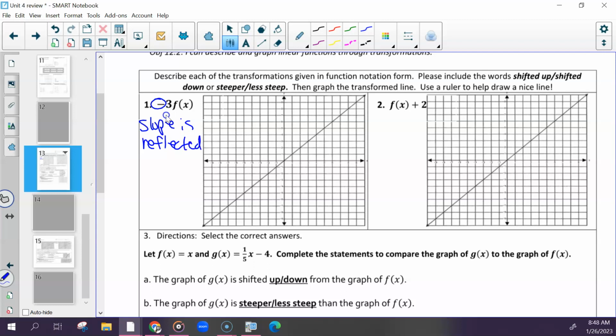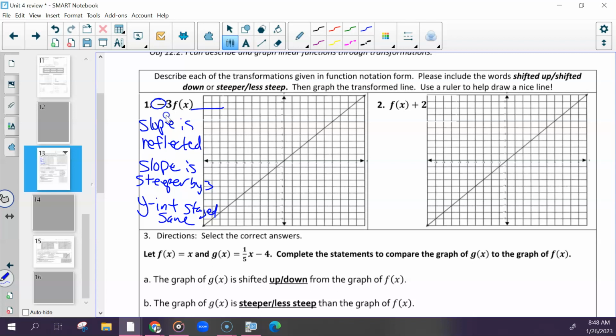The slope is also steeper by 3. But in this case, there's nothing after it. There's no plus or minus after it. So the y-intercept didn't change. So that would be our description.